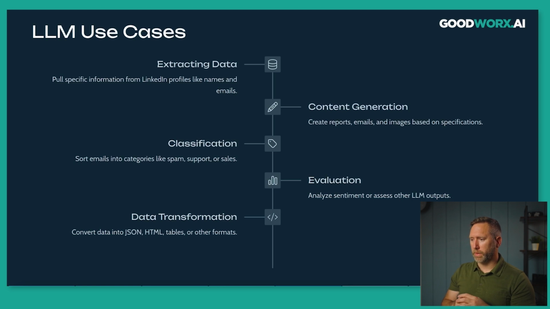This is when the LLM is analyzing sentiment, or it's assessing the output from other LLMs. And lastly, data transformation. This is used to convert data from one format to another. So for example, you might get some data from an API in JSON format, and now you want to convert it to another format like XML, HTML, or a table. That's a good example of using the LLM for data transformation.